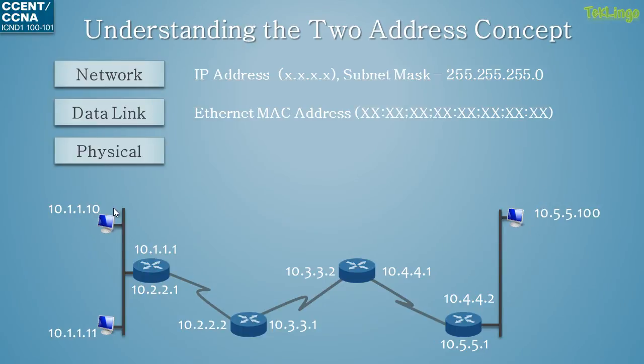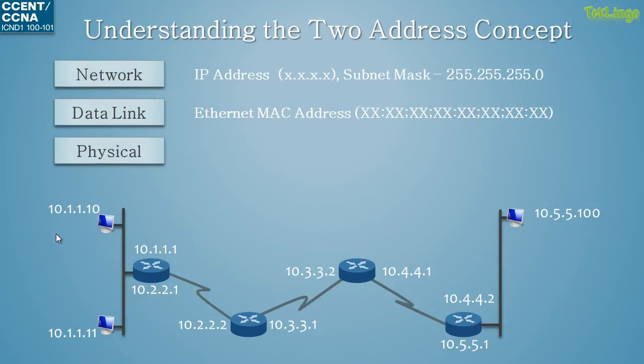The computer 10.1.1.10 immediately compares its IP address with 10.5.5.100. Looking at the network ID, they immediately know that they are not on the same network, so they will not use ARP to send the broadcast message to the 10.5.5 network.